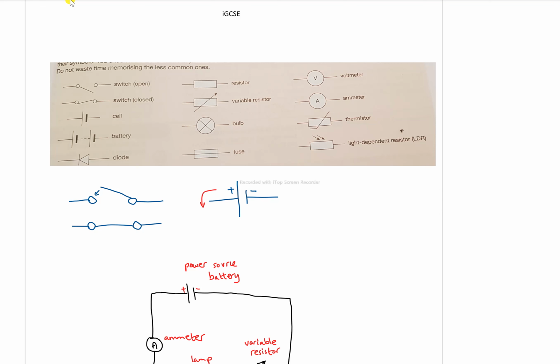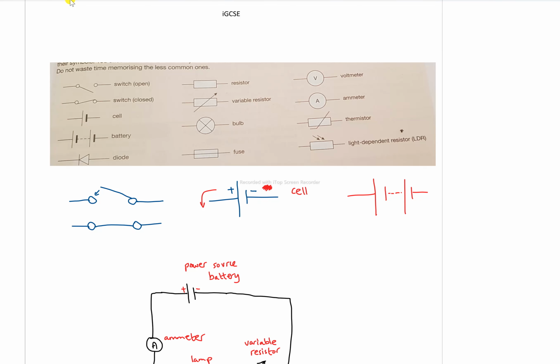But in the real world, we know electrons flow from the negative side, but we're not interested in that. We use conventional current. So when you've got one of these, it's called a cell, and I always forget. So cell single. If you want lots of cells together, it becomes a battery, and this is how you draw it.